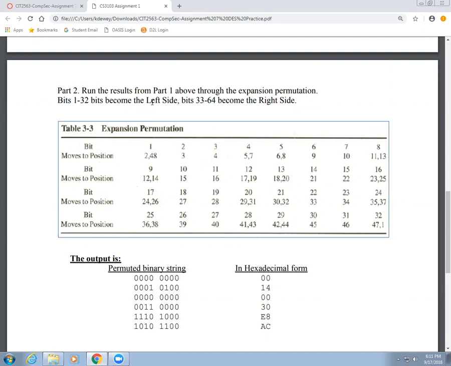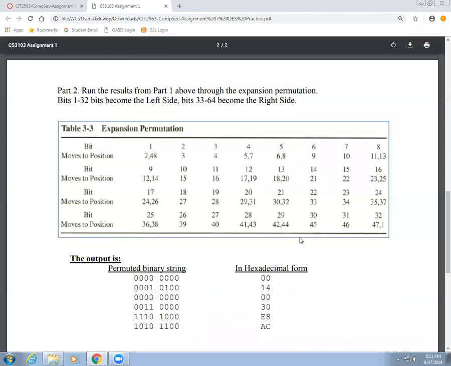So which bits are we working with? The right side. For you guys, you're going to actually do both sides to prove that you know how to do both, but you're really going to be working with the right side. So bit 33 goes to wherever it says. Bit 33 actually becomes bit 1.